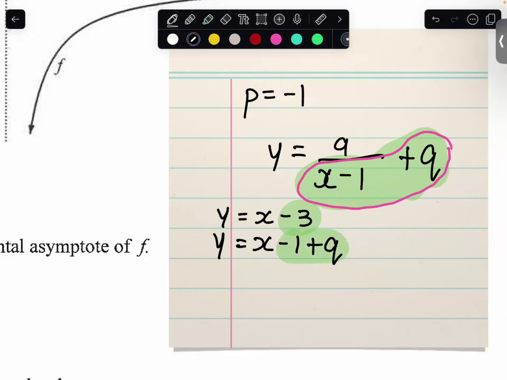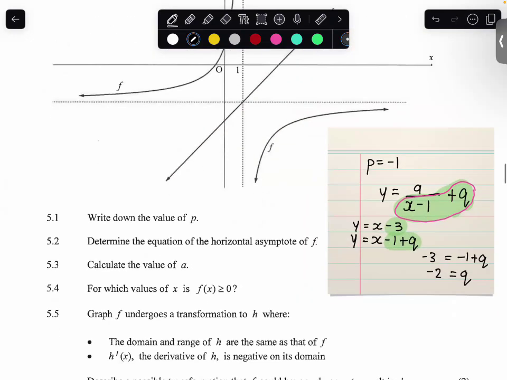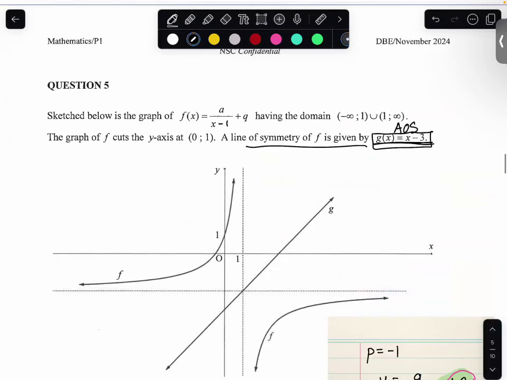And so for me to get that q value, I'm going to say minus 3 must be equal to minus 1 plus q. Take that minus 1 over. That gives me minus 3 plus 1, which is minus 2. So q is negative 2. So they say determine the equation of the horizontal asymptote. So yes, q is minus 2.